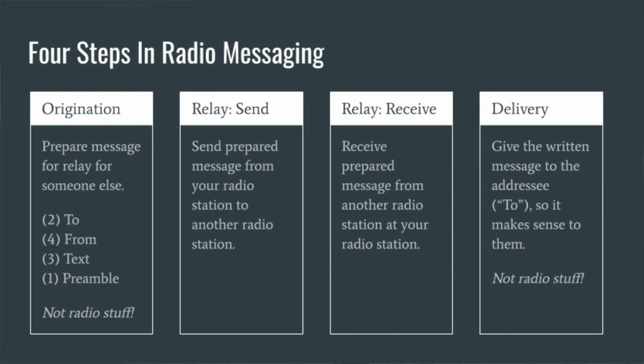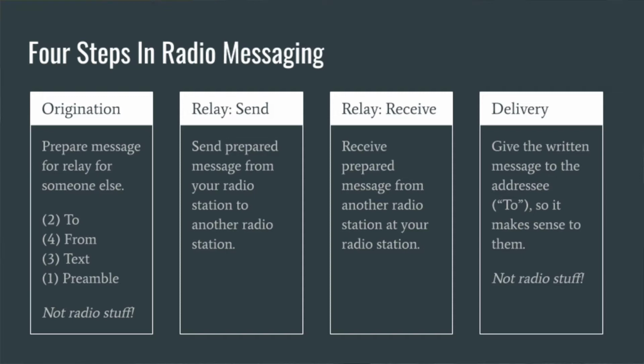Before we can account for our activity correctly, we need to understand what the activity of radio messaging entails. There are 4 distinct steps in radio messaging. The first is origination, getting a message from a person to the format necessary for transmission. This is not stuff that we do on the air. There is then relay, sending a message from one station to another on the air.